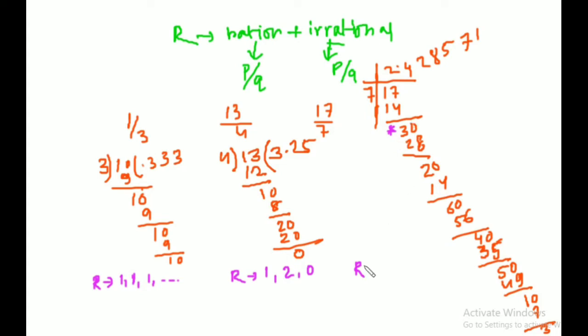At first it was 3, then 2, then 6, then 4, then 5, then 1, then again 3. This is a string of remainders, and this repeats again and again in this case.